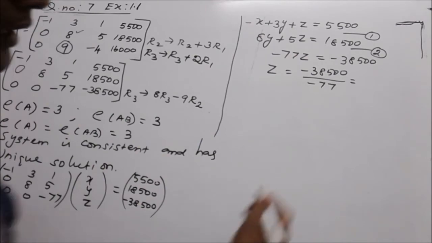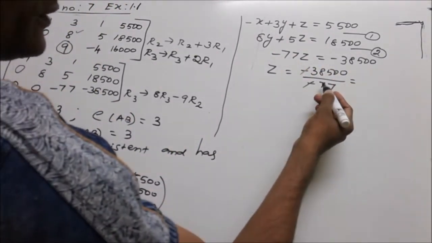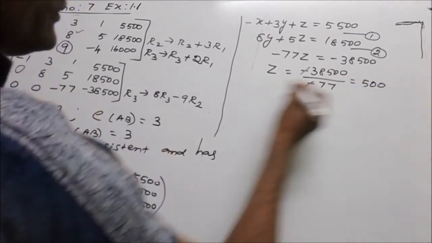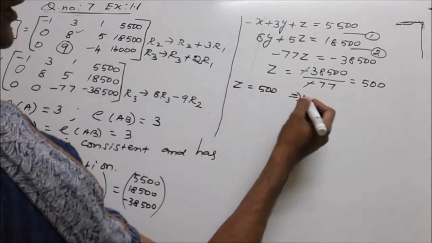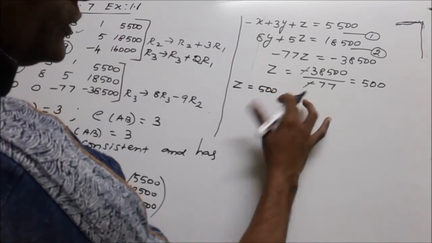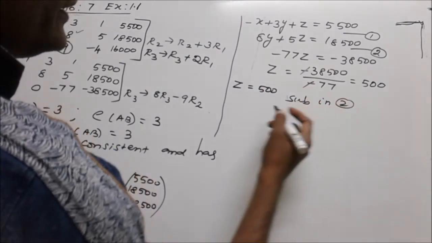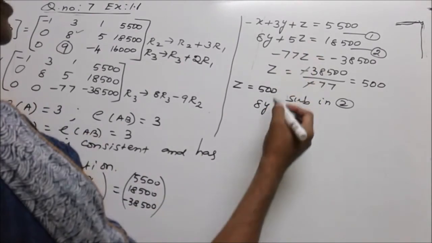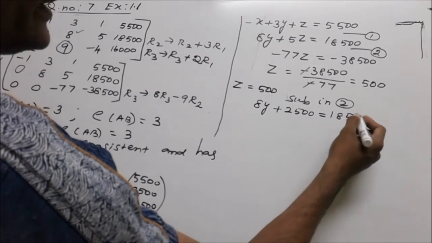Now dividing by minus 77, z equal to minus 38,500 divided by minus 77, which will be equal to, cancelling these two, 35 times 5 is 35, 5 times, that means 500. So z equal to 500. Substituting in equation 2, we have 8y plus 5 into 500, 2,500 equal to 18,500.